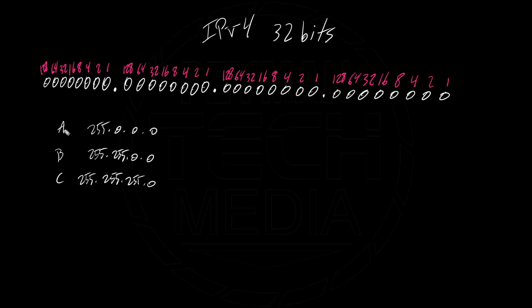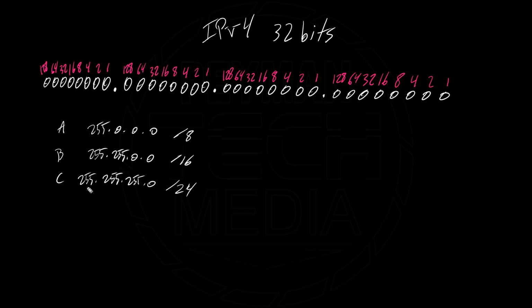In other words, for class A, we can also see this shorthand version or CIDR notation /8, and then class B /16, and class C /24. So 255.255.255.0 means /24.